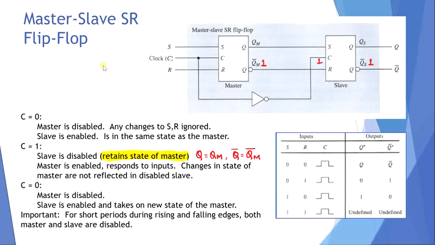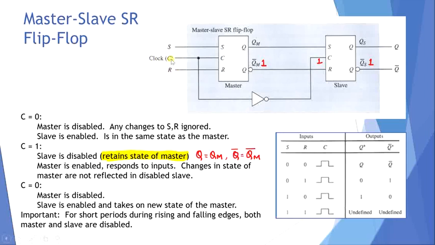This is still level triggering, also called pulse triggering, wherein I am bothered about the level of the clock signal. Here you can see that there are two input lines, S and R, because I am trying to understand the concept of the master-slave SR flip-flop. You have two inputs S and R, which correspond to set and reset.